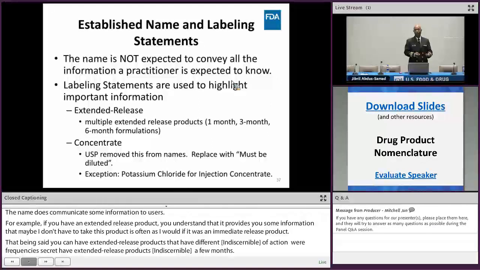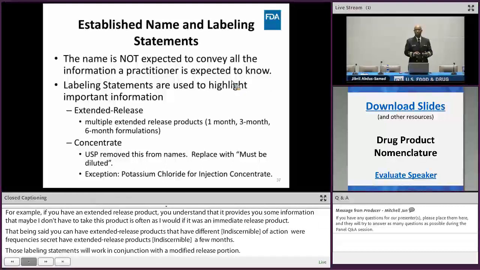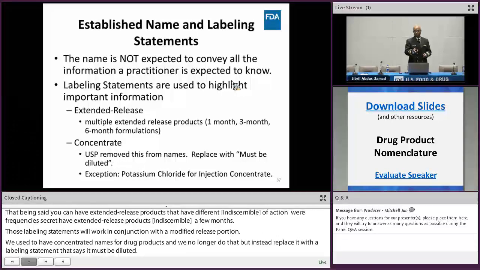And then we used to have concentrate in the name for drug products. We no longer do that, but instead replace it with a labeling statement that says it must be diluted. We do have one exception here, and this is actually a nice quiz question. There's an exception. This exception, potassium chloride for injection concentrate. There's two things that's unusual about it.